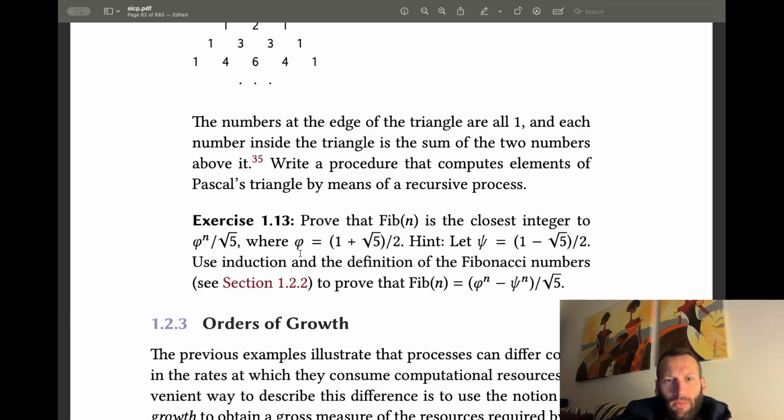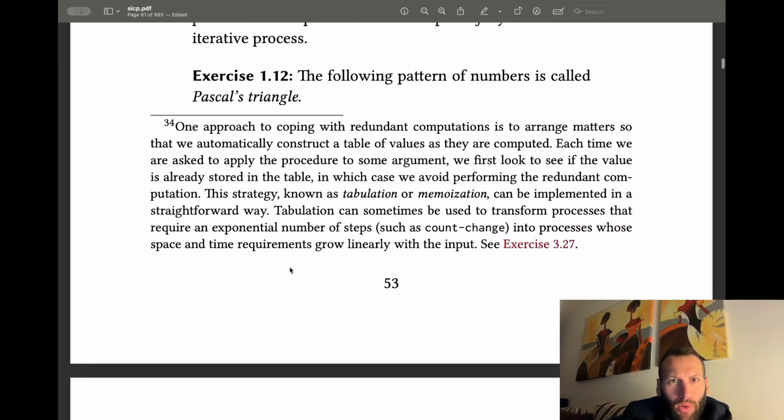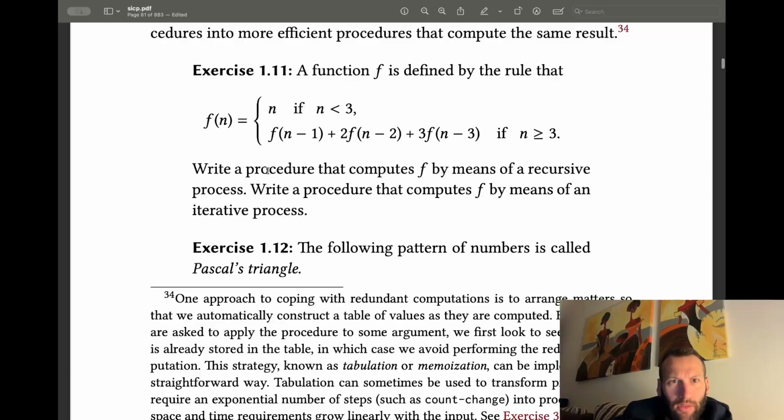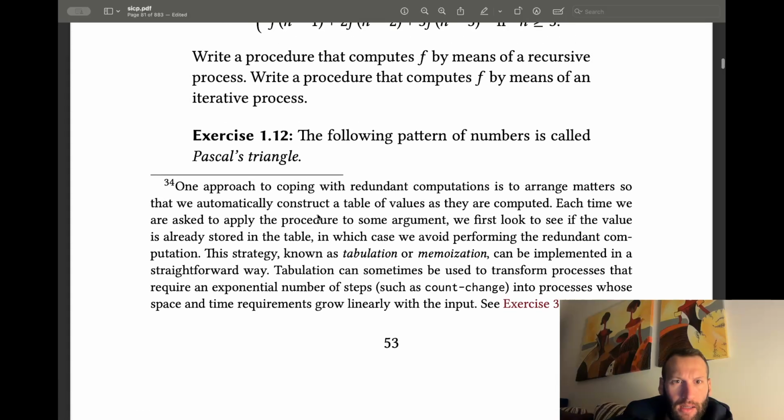Okay, this is more of a math problem. I think I will do for sure exercise 1.11 and maybe just for fun 1.12.